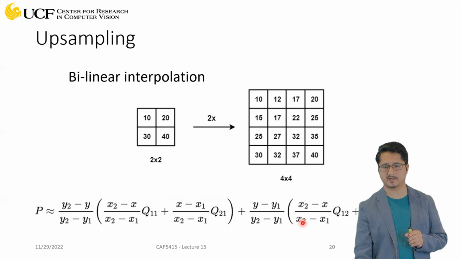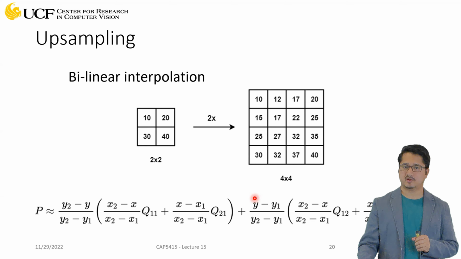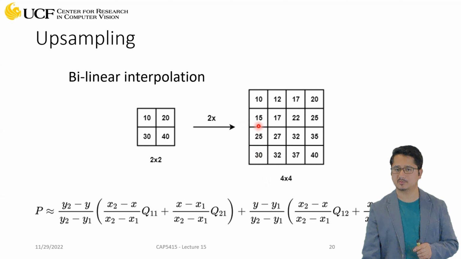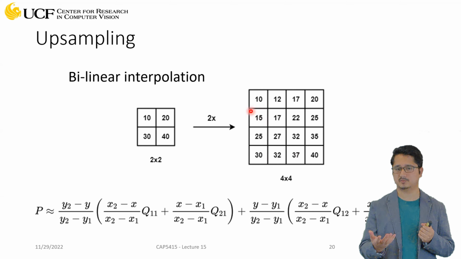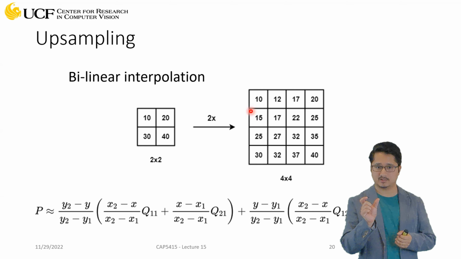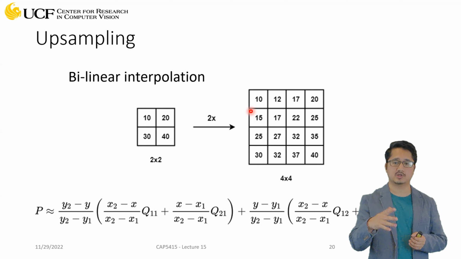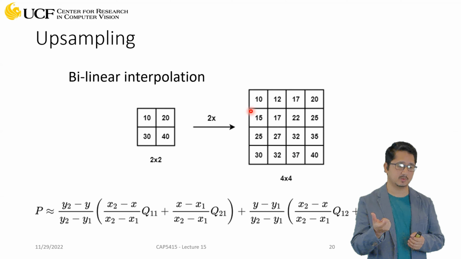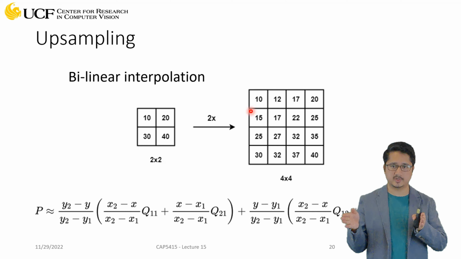I understand this is complicated, but it's actually pretty simple. It's just trying to give some kind of weight to each of these 4 values, depending upon how far these values are from that location. It's that simple. So it's just a weighted average. This is 2-dimensional, but a 1-dimensional version of this you have already done, if you remember, for your histogram of gradients, the way you created those bins.